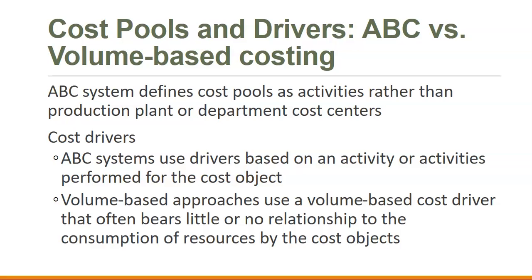And we use those drivers based on activity for that cost object. In volume-based approaches, we have little relationship between the consumption of resources and our cost objects. We're just using a base of machine hours or direct labor or departmental cost across all products, regardless of their resource consumption.